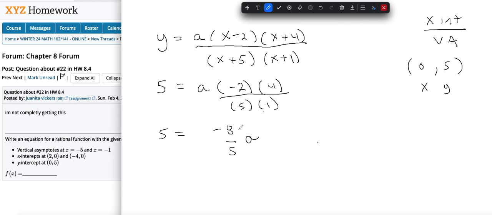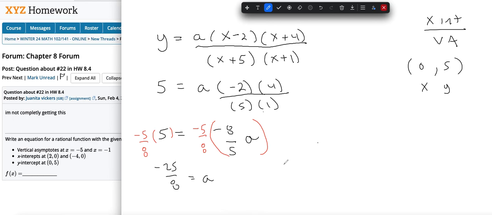You could write it 8a up top if you liked. And then I just have to get that a by itself, so let's multiply by the reciprocal of that fraction, -5/8. What I do on this side, I of course have to do over here. So -5/8 times 5 is -25/8, equals a.